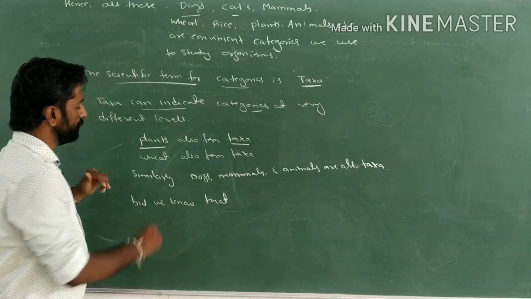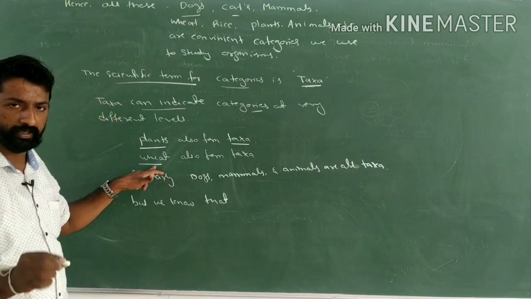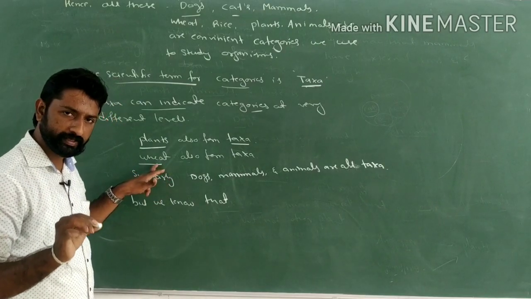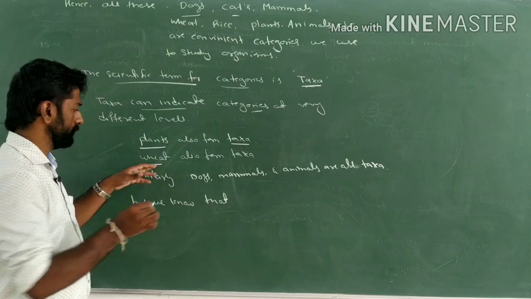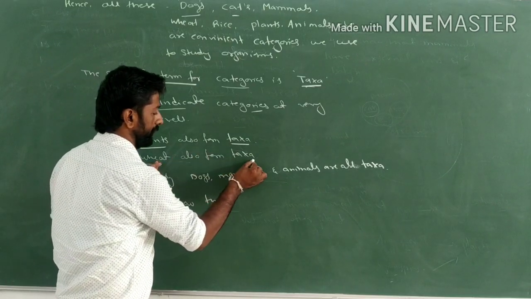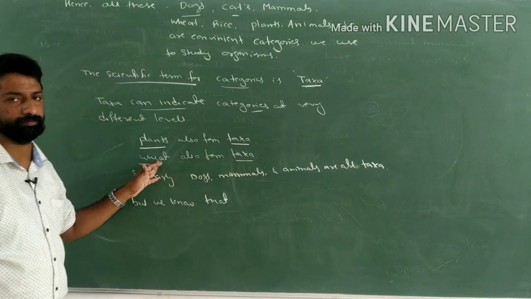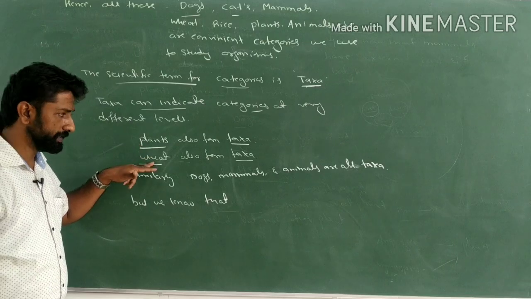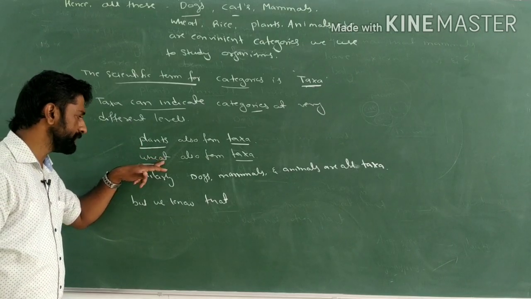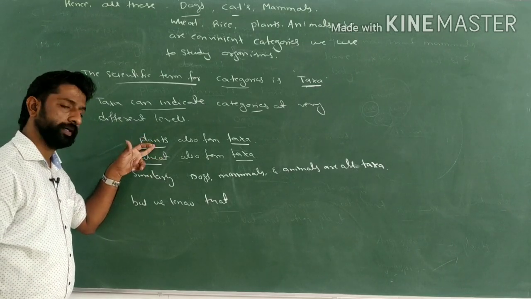Similarly, wheat, the wheat plant itself, forms one convenient category. Okay. So wheat is also representing another taxon. So we know that wheat is a taxon, and all wheats belong to plants only.